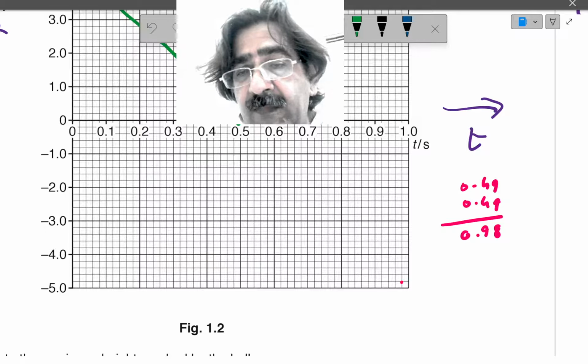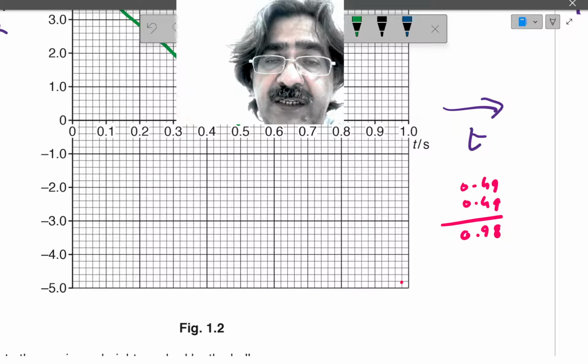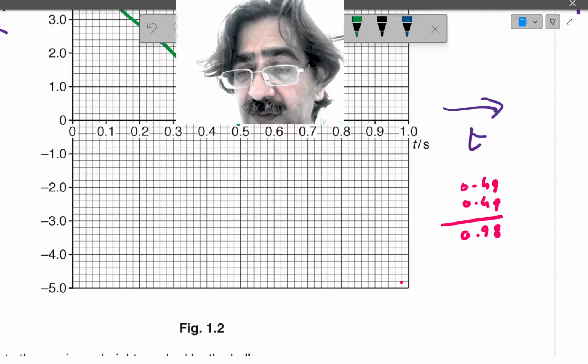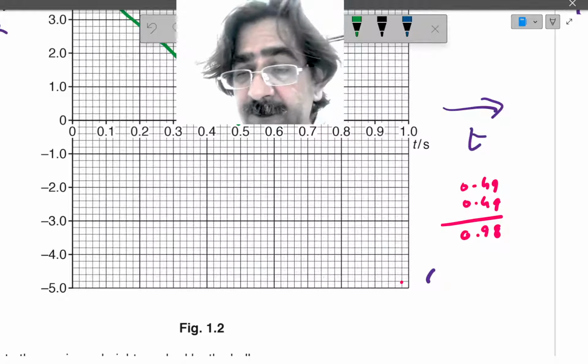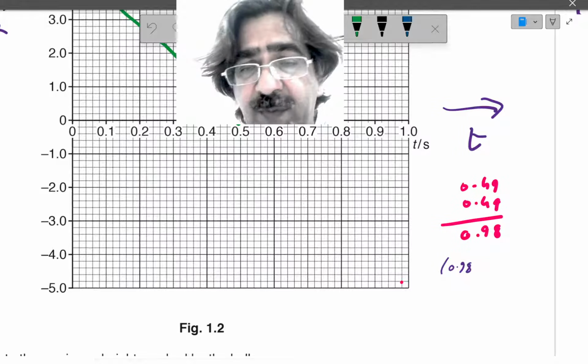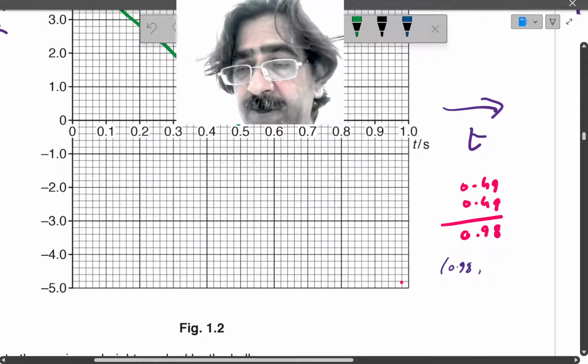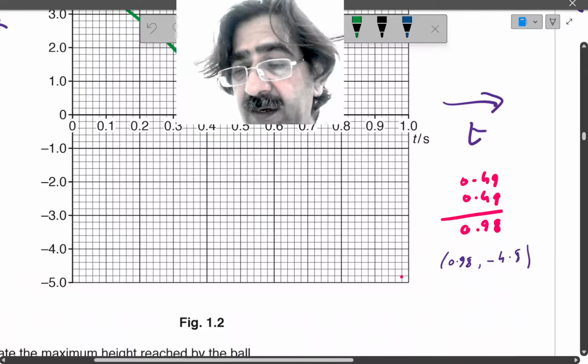So here the time will not be one complete second, but 0.98 second. The coordinate value on the graph will be 0.98 second and negative 4.8 velocity. Yes, negative 4.8.